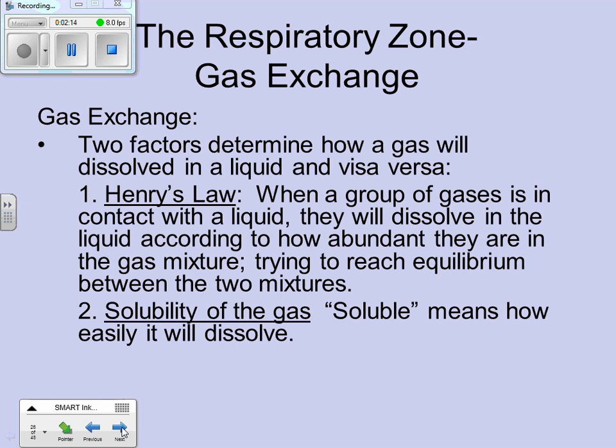So just like we talked about before, it'll go from a high concentration to a low concentration until their concentrations are the same. Now, what makes it a little tricky though is that the gas has to be able to dissolve into the liquid. It has to be soluble. So the solubility of the gas depends on what kind of gases you are moving.